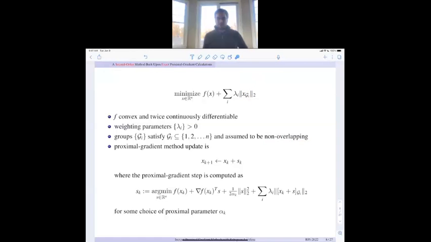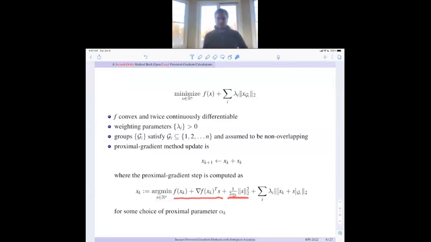Now, if you don't know the proximal gradient method, it's a very simple method. You have your kth iterate of your algorithm. You get your (k+1)st by adding to it what's called the proximal gradient step. And the proximal gradient step here is computed by solving a relatively simple optimization problem. You can see it as, well, this is like a first order Taylor approximation.